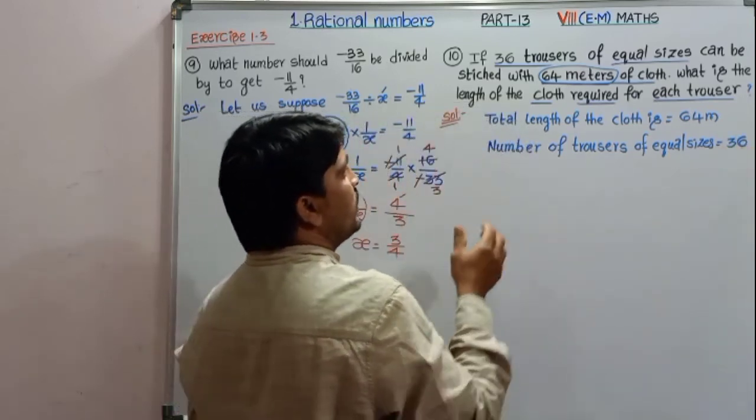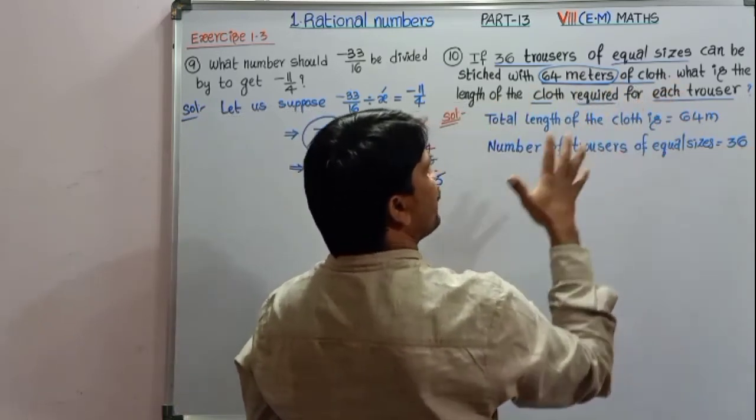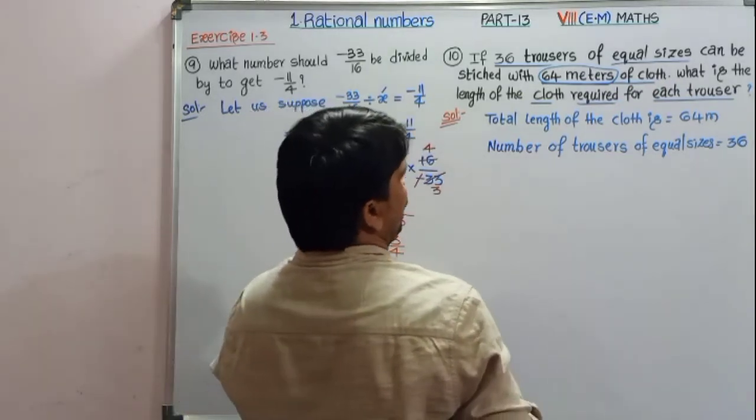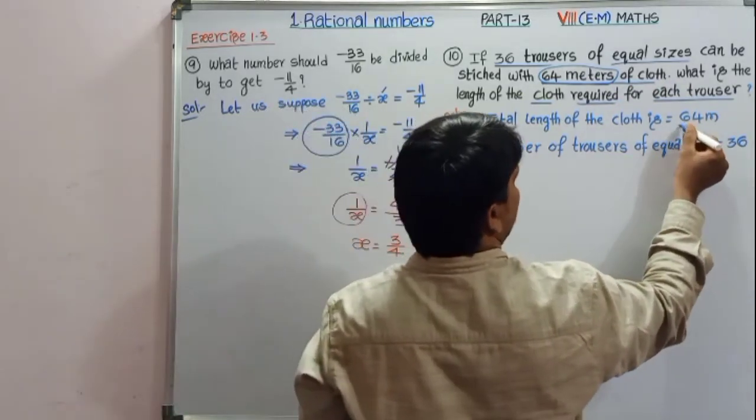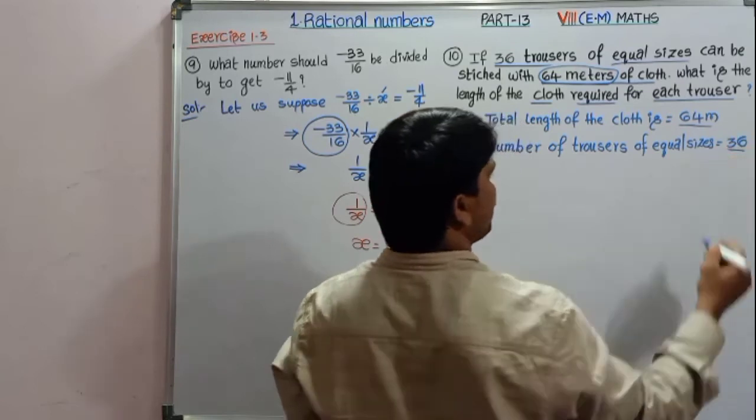So to find the length of the cloth required for each trouser, we have to divide the total length of the cloth by the number of trousers.